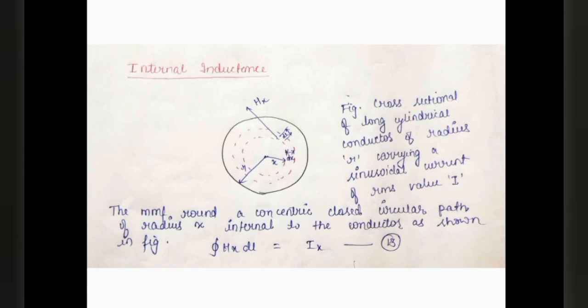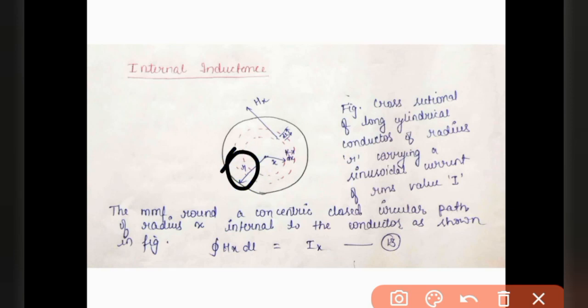See, internal inductance. Here I am making the figure for the cross section of a long cylindrical conductor having a radius r and carrying a current with RMS value I. For calculation, the MMF goes around a concentric closed circular path of radius x internal to the conductor, as shown in the figure.